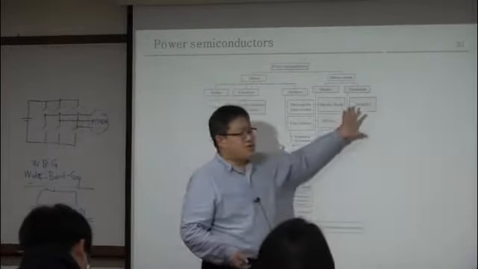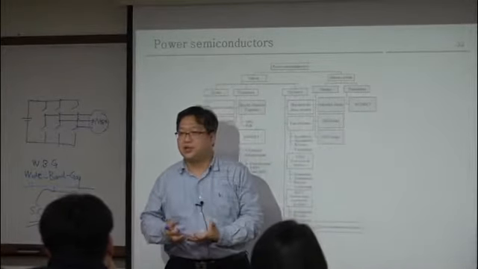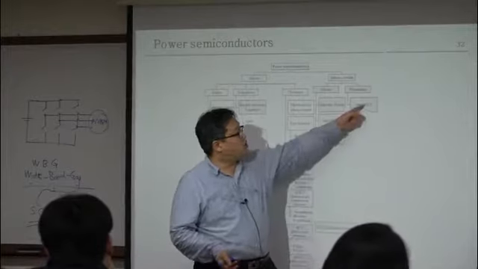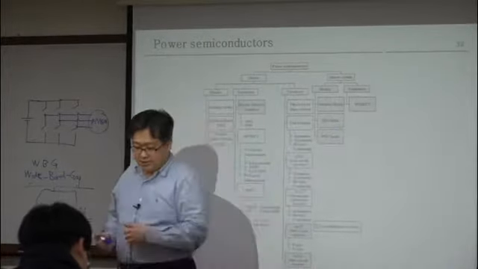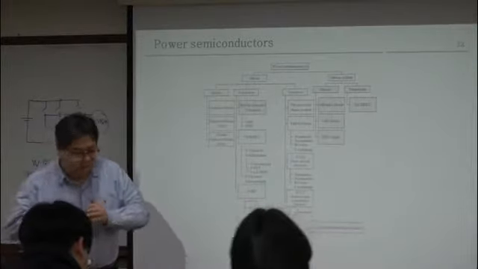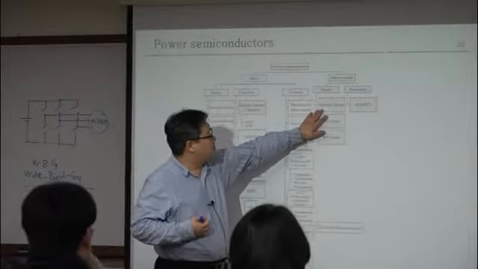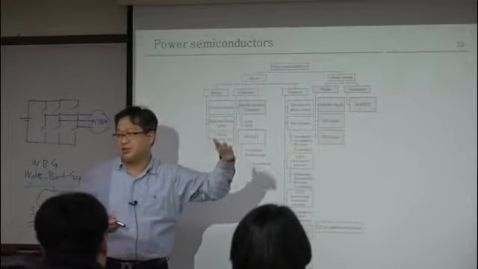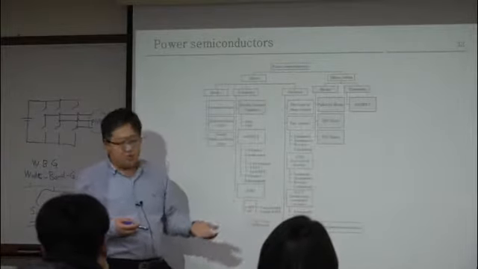So to implement some high efficiency and high power density converter, if you go with silicon carbide MOSFET, then you can easily get the success. Okay. Now what about SiC Schottky diode? In fact, there is a lot of historical background, but I may introduce it later.